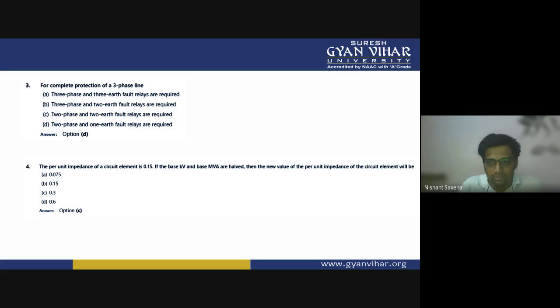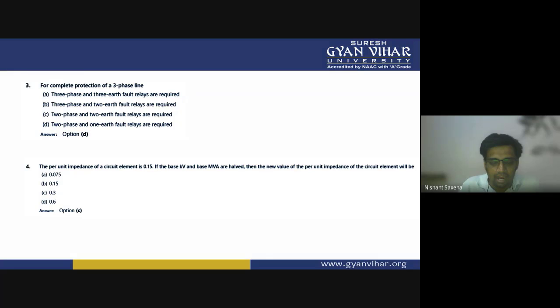Question number 4 is, the per unit impedance of the circuit element is 0.15. If the base voltage and the base MVA are half, then what is the new per unit value of the circuit element? This question is very important and has been asked many times in competitive exams, that if the base MVA and base kV are half, what would be the new per unit impedance?